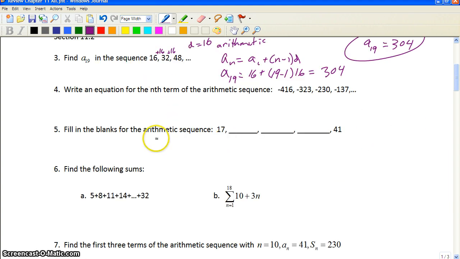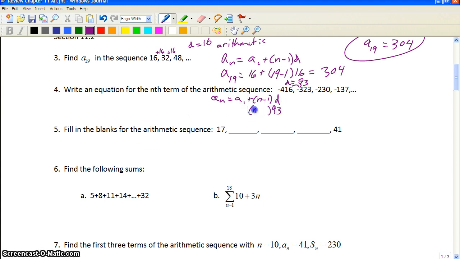Write an equation for the nth term of an arithmetic sequence. This is an arithmetic sequence, so we can figure out the difference between these two terms, which is 93. It's the common difference, so that's what our D is. Then for an arithmetic sequence, we know this to be true. So we start sticking stuff in. D is 93.